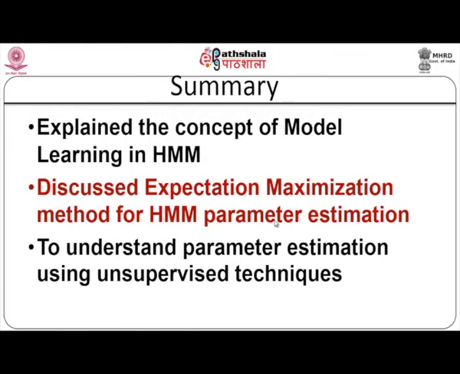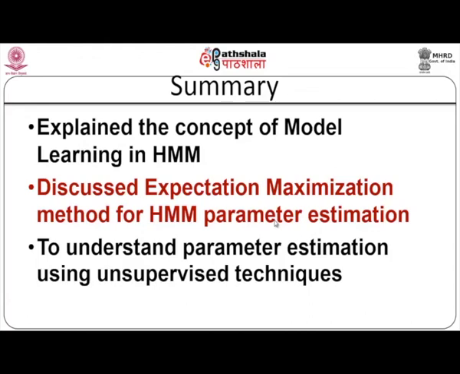So, what we have discussed here is the concept of model learning in HMM. We have discussed a very interesting, completely unsupervised parameter estimation using the expectation maximization technique for HMM. Remember, for the first two problems that we discussed in the previous module, we assumed that the complete initial probability matrix, the transition matrix and the emission matrix were given to you.